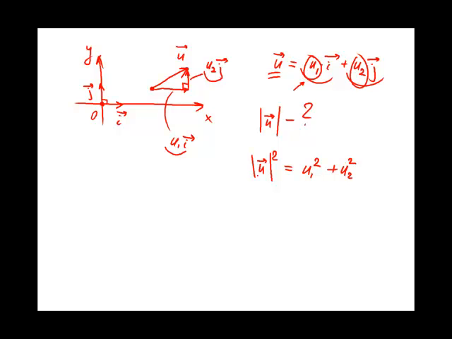I emphasize that on the right, u1 is a number, u1 squared is a number, u2 is a number, u2 squared is a number. On the left, u is a vector, but u embraced by vertical bars is a number, the length. And the length squared is again a number.